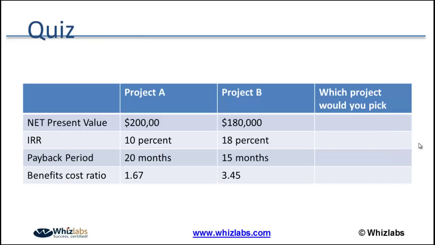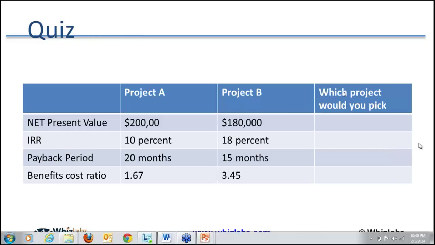Among project A or B, if the net present value is given, anybody? Can somebody quickly tell me the formula? Do you remember the present value formula? Anybody?